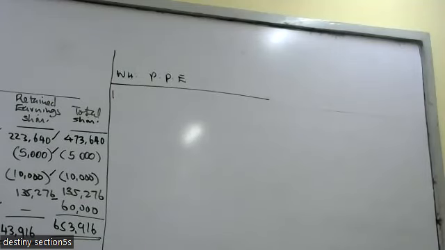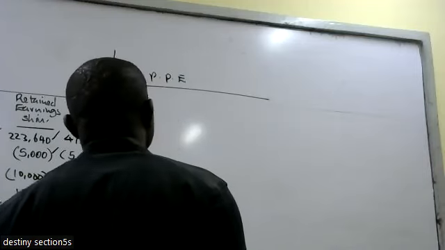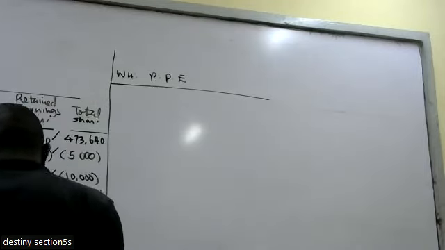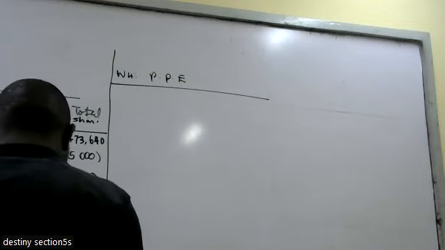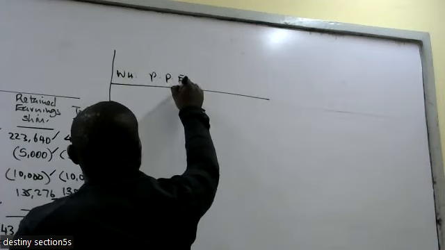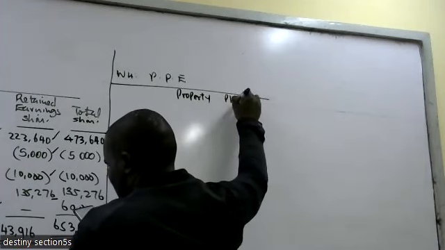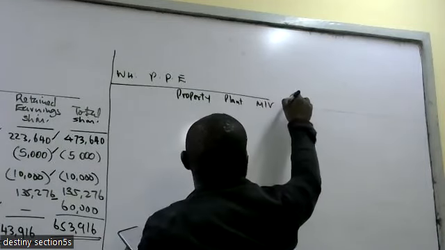So, let me see. Yes. So we have property, land, motor vehicles, and equipments.